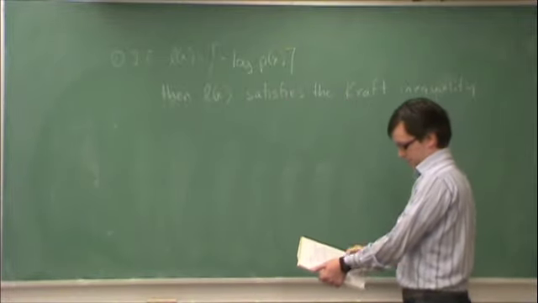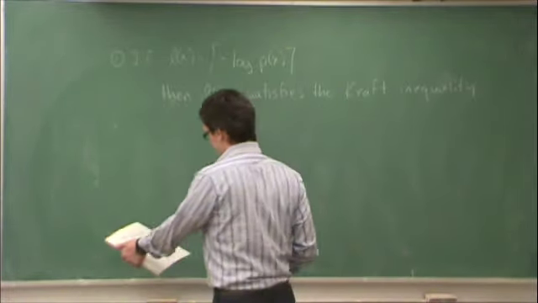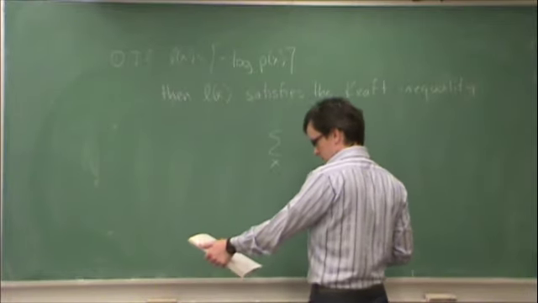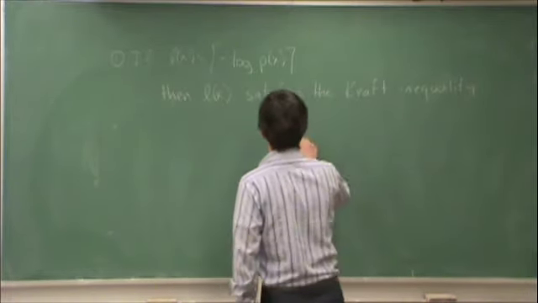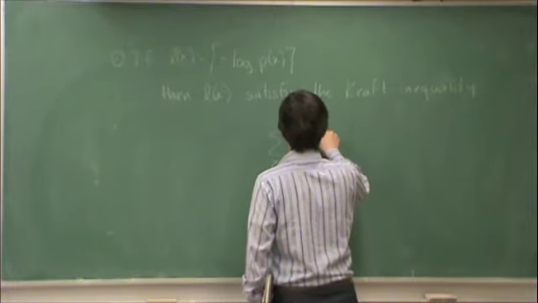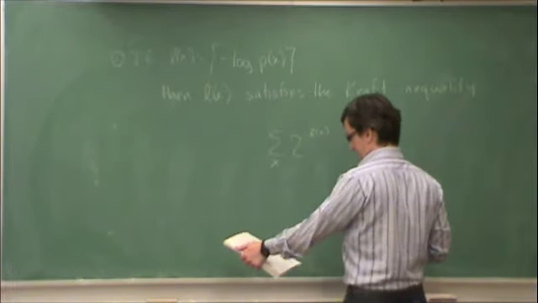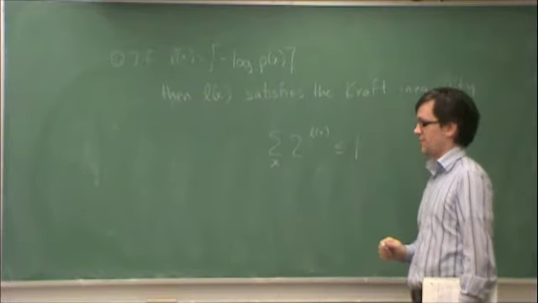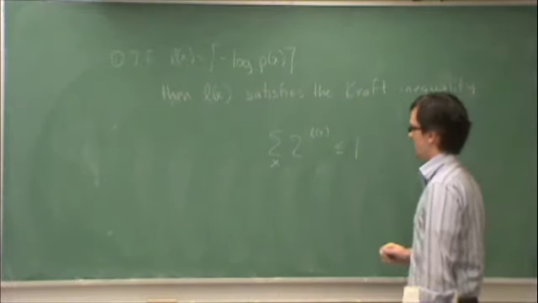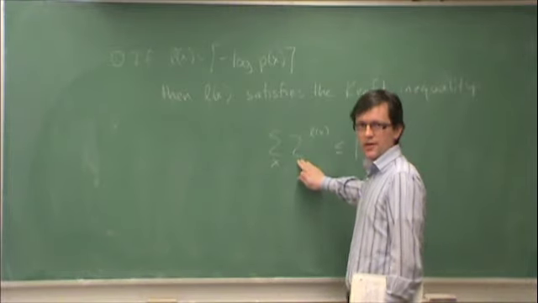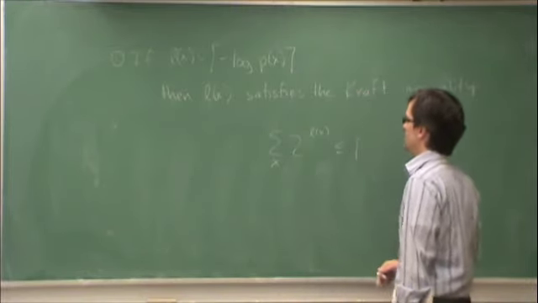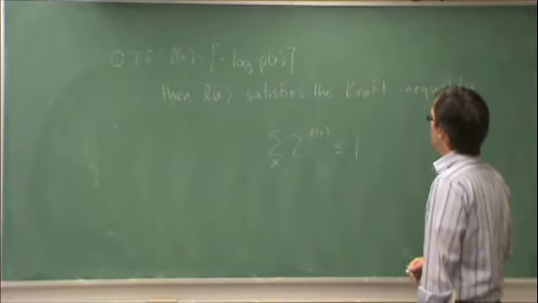Well, what is the Kraft inequality? The Kraft inequality is the sum over x of 2 to the minus Lx is less than or equal to 1. We're dealing with binary alphabets. Last time we dealt with general alphabets where we substituted the cardinality of u in here. But today we're dealing with binary alphabets, so it's 2.